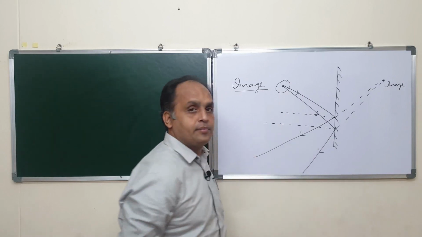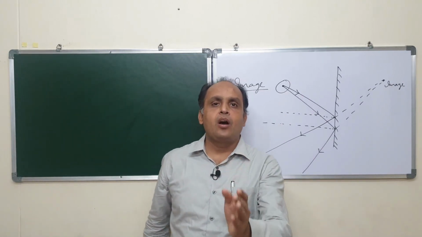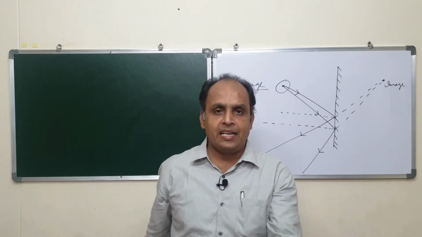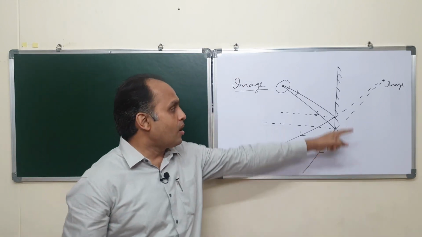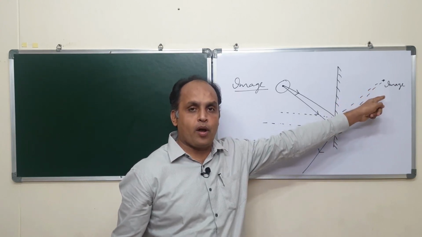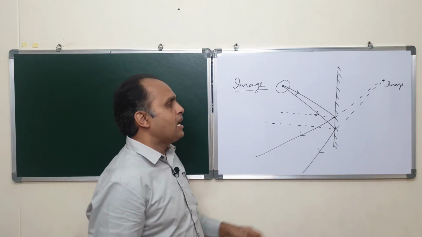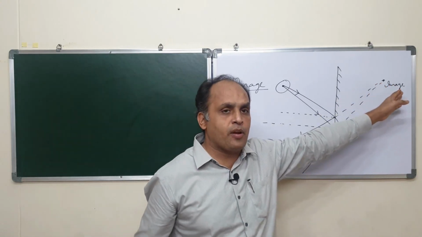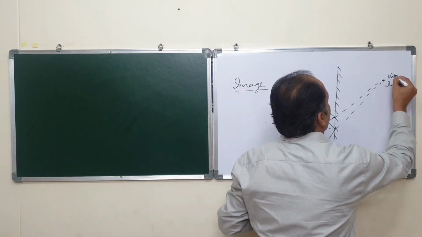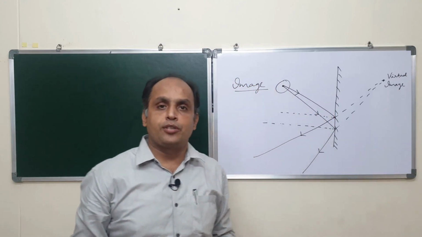So image is basically a point or set of points where the rays of light either actually meet or appear to diverge from that point. So if the rays of light are appearing to diverge from a point, we call that image a virtual image.